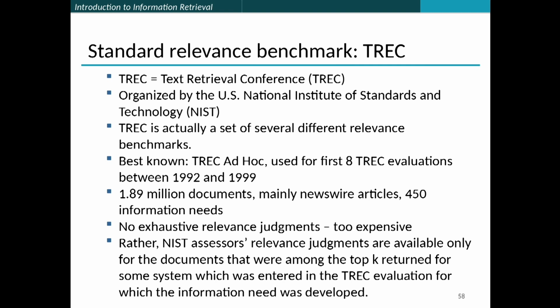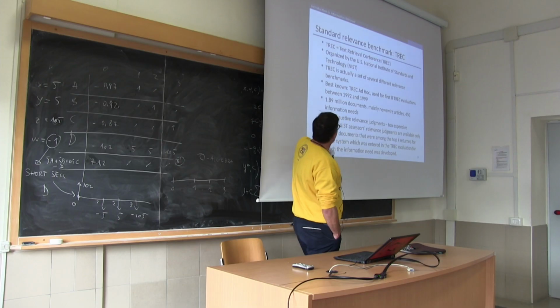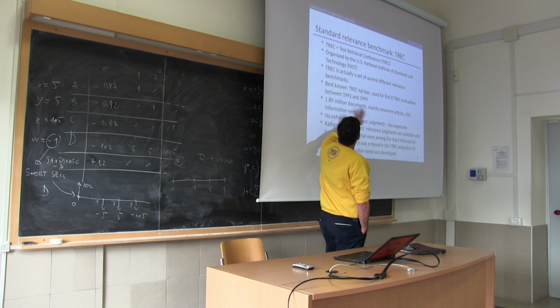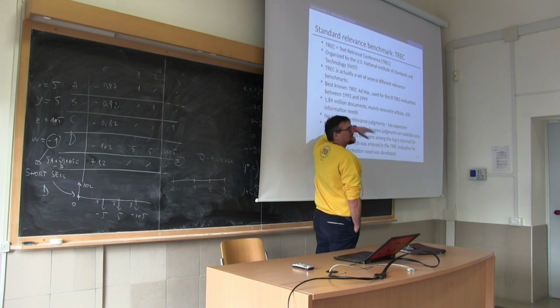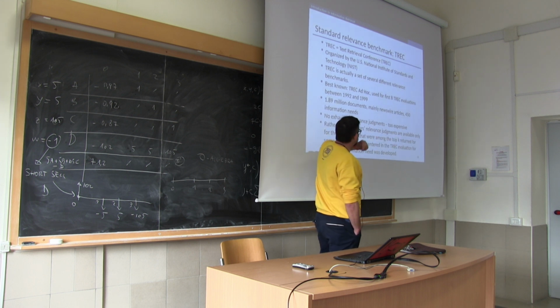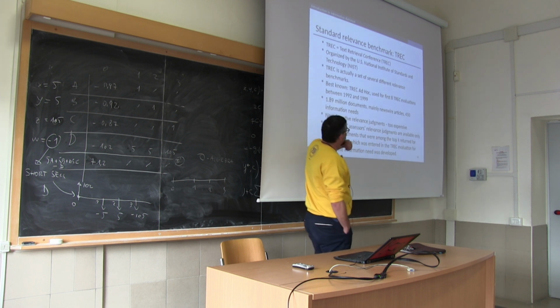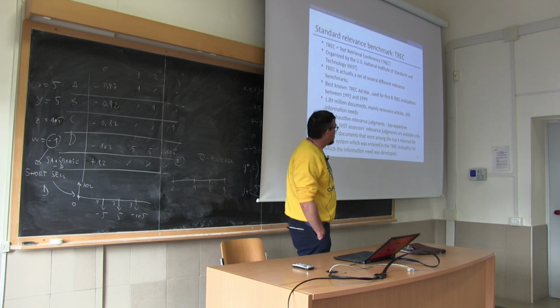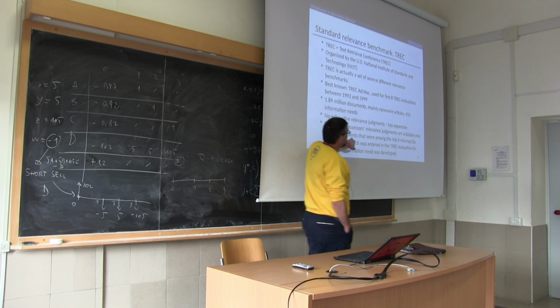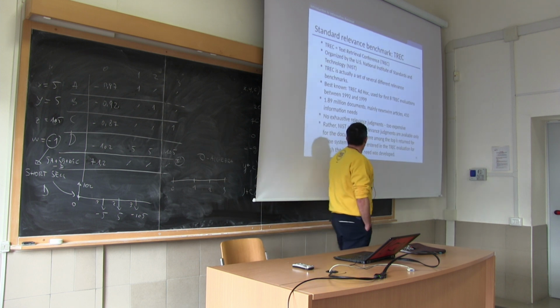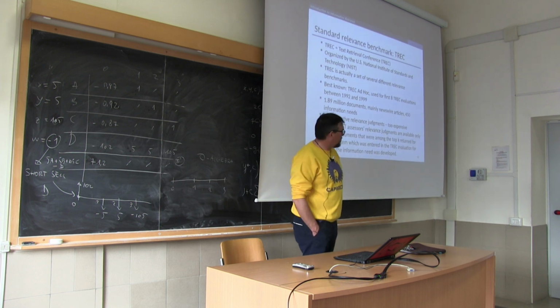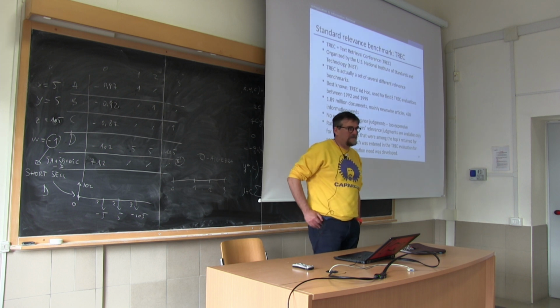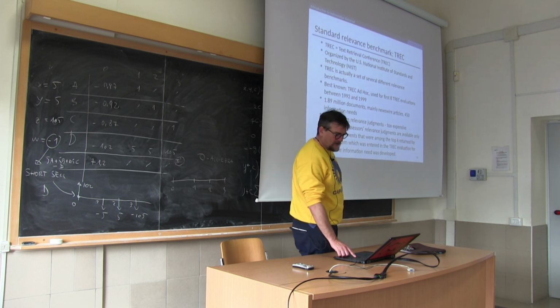Clearly, asking to evaluate all those almost 2 million documents for each of the possible queries or information needs is impractical, so it's too expensive. And so the judgments are available only among the top k documents returned by some systems, okay?